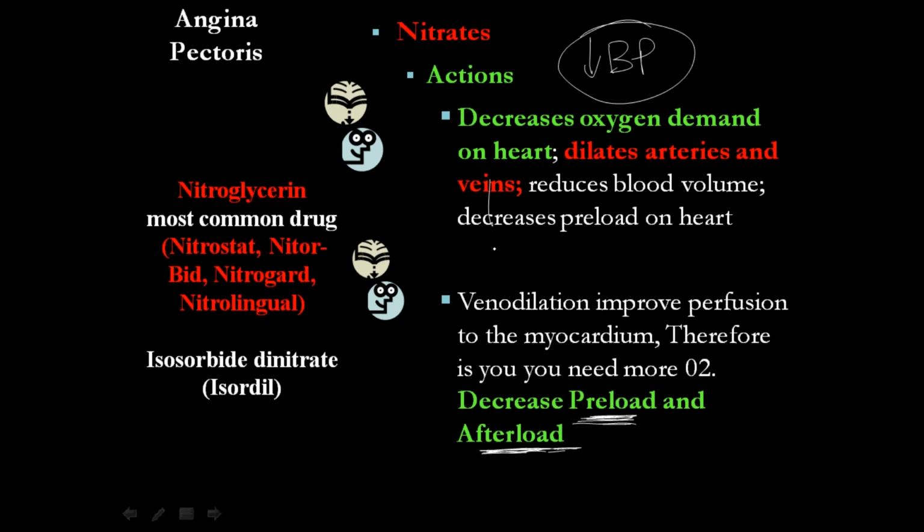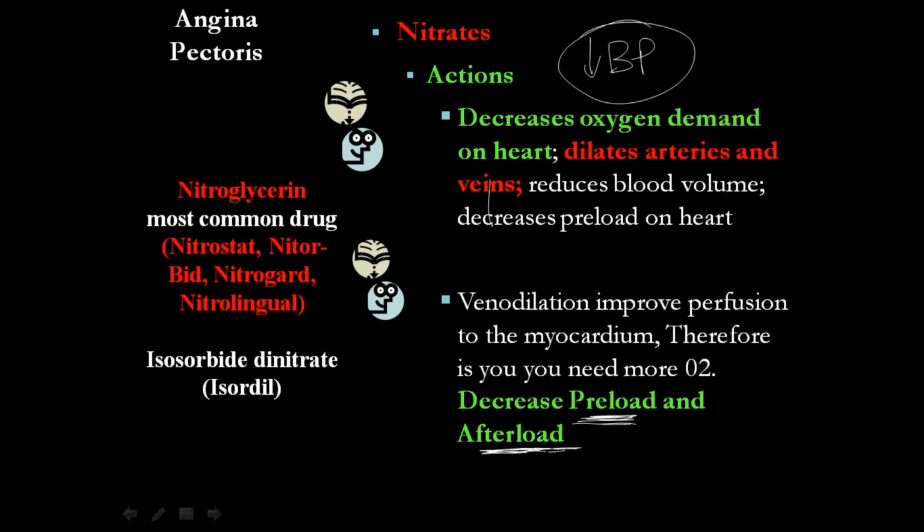I know that you saw this in school, but what is preload? In simple words, it is the blood that is coming to the heart. A little bit more, it is the blood that is going to fill up the ventricles, the cavities. So all the volume coming to the heart is the preload.